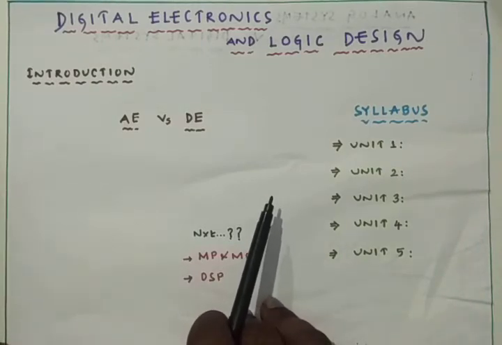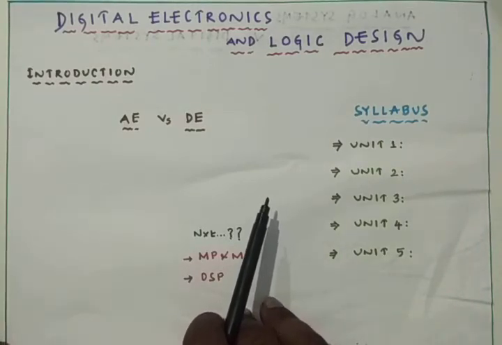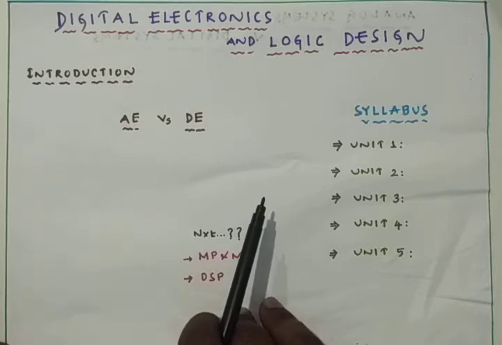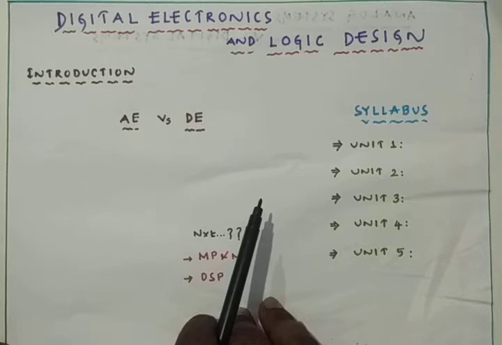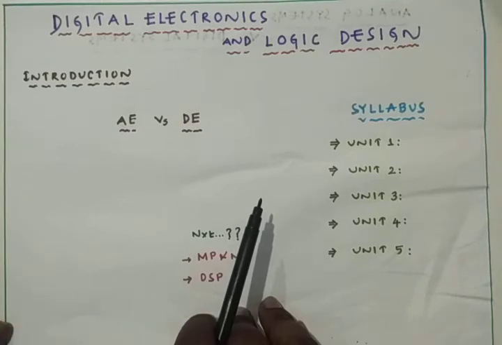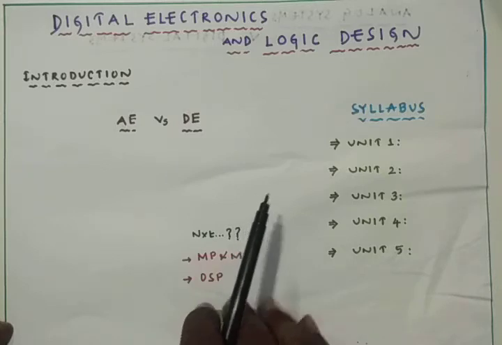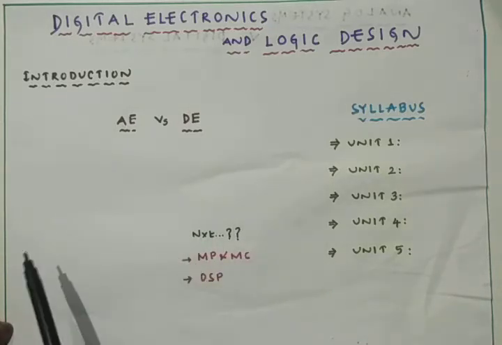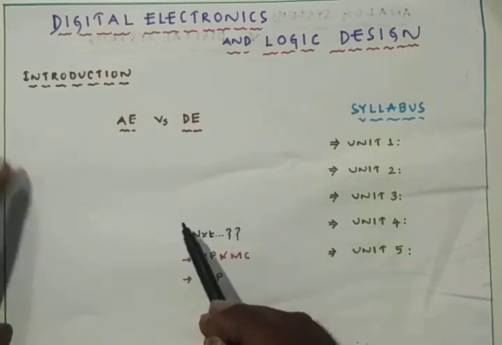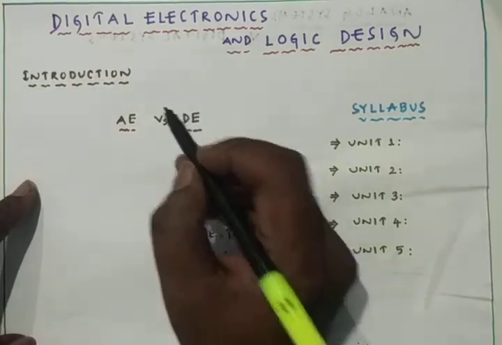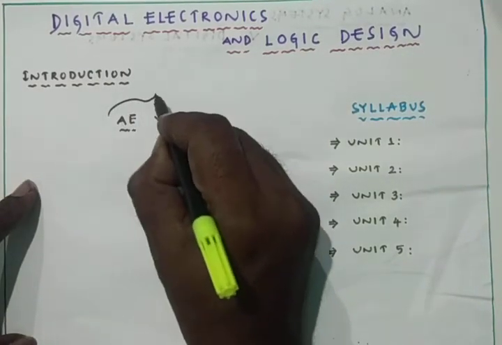As we are aware, analog electronics is one branch of electronics in which the electronic circuits completely deal with analog signals only. I am repeating the same point. Electronics will be broadly classified into two categories.